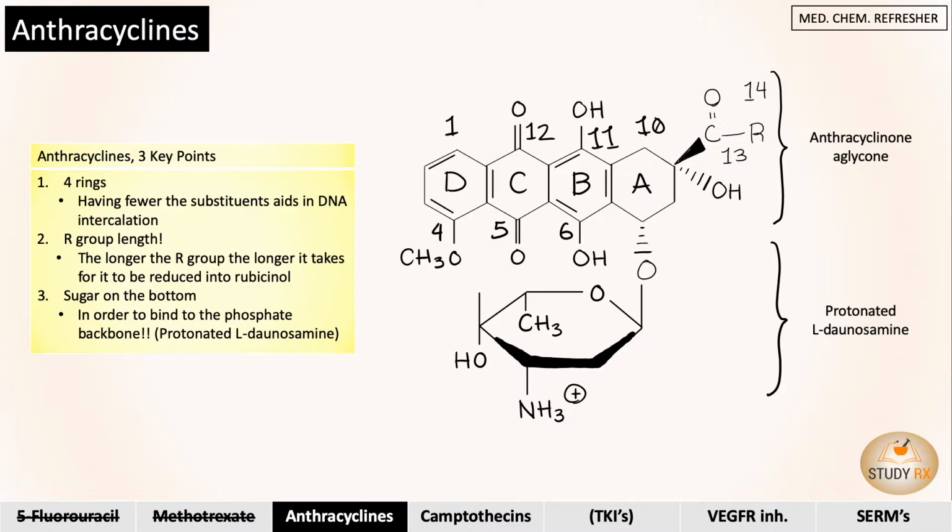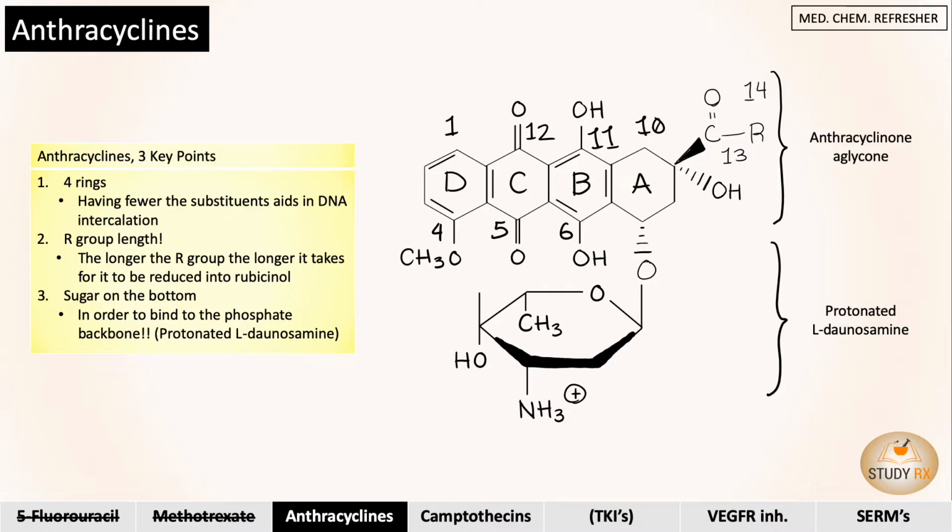So remember, a small R group means it's going to be reduced to bisphenol quicker, whereas a larger R group means it'll take longer for that to happen. A shorter R group will generally get to that point of toxicity quicker, which is why you want the longer R group. Another important thing about anthracyclines is they're going to have a sugar on the bottom attached to it.